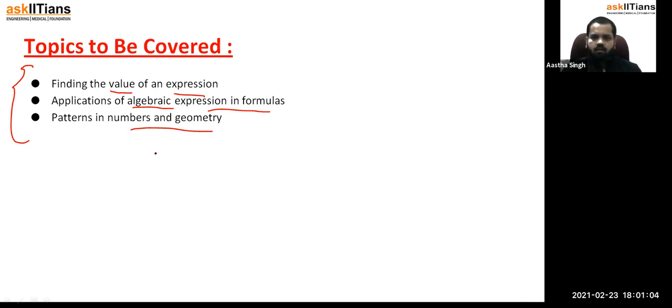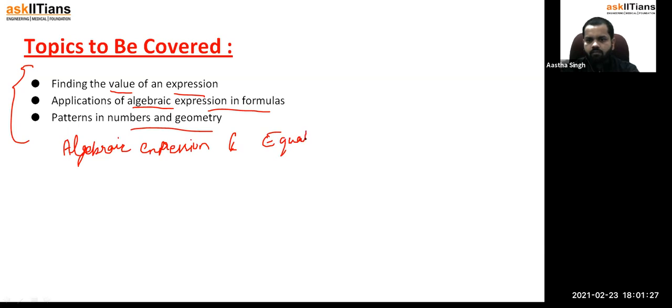Let me tell you, we have already studied the difference between an algebraic expression and an equation. An algebraic expression is basically an expression which is a combination of variables and constants and the algebraic operations between them.